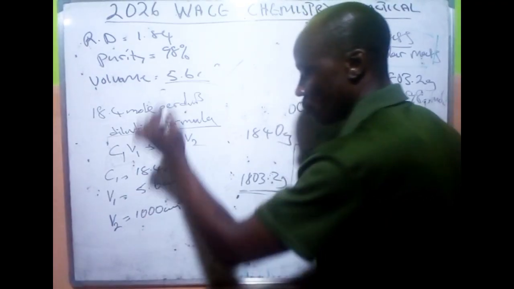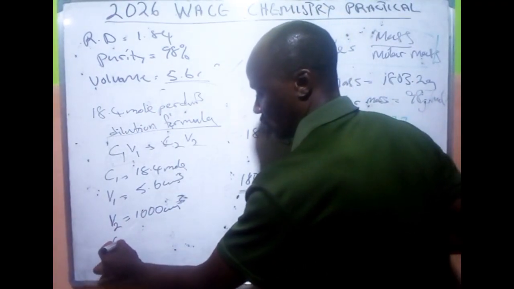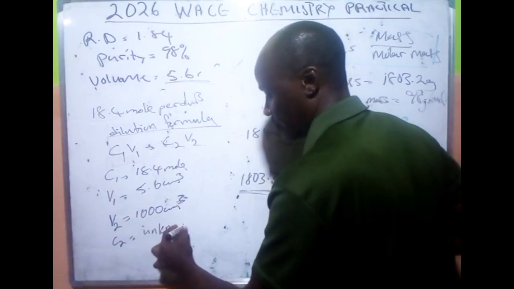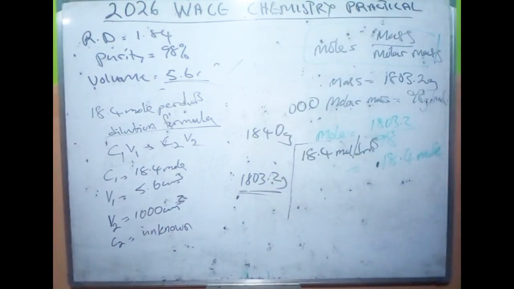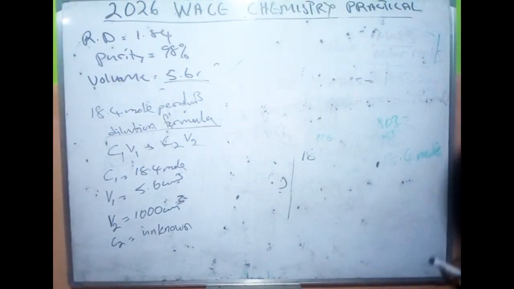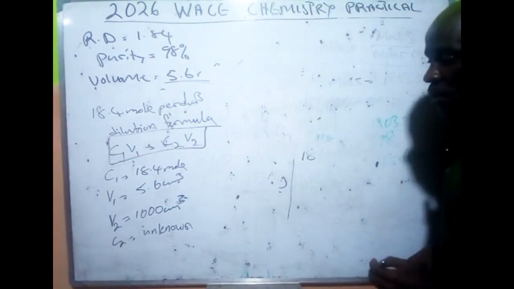So now what else? We have the concentration. We don't know this concentration, which is the one we are calculating at this point. So now we have this. We are going to be substituting using this very formula which we have here. So in this formula now, what we do?